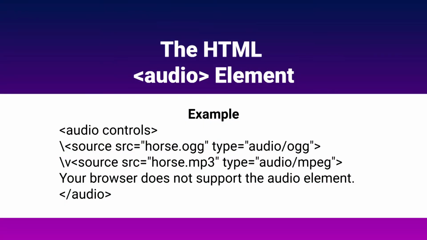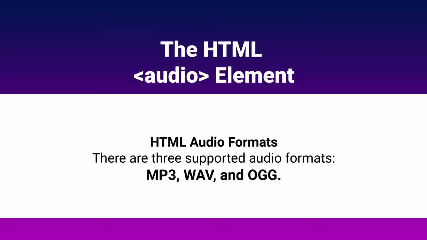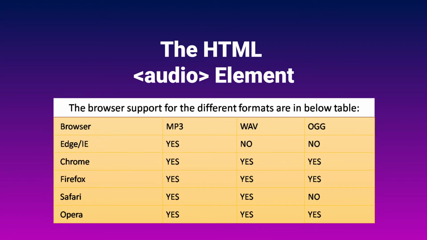With a similar approach, now we can see how the audio element is used. To play an audio file in HTML, use the audio element. There are 3 supported audio file formats: MP3, WAV and OGG. The browser support for the different formats is given below in the table. Edge and Internet Explorer support MP3, but not WAV and not OGG. Chrome supports all of MP3, WAV and OGG files.